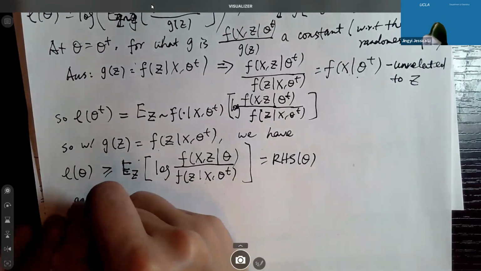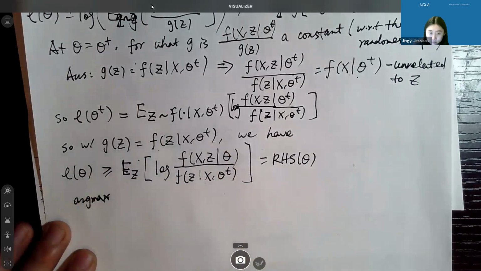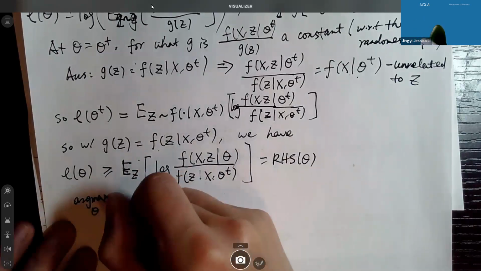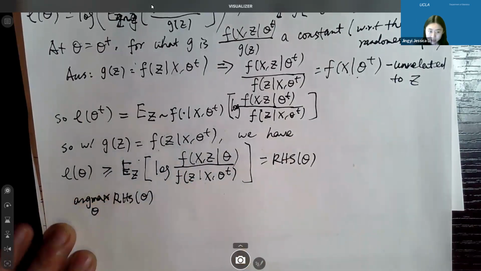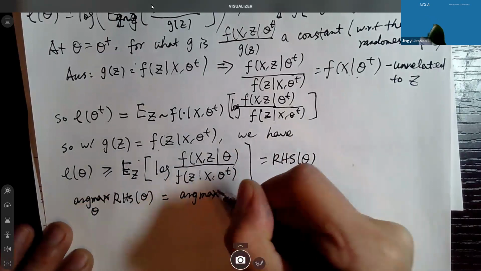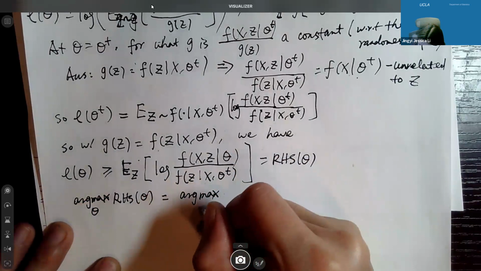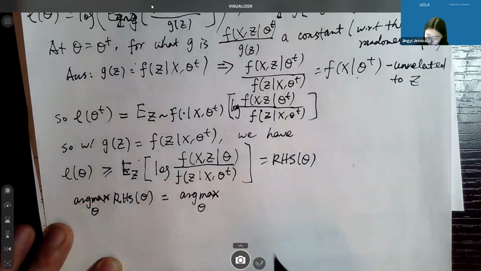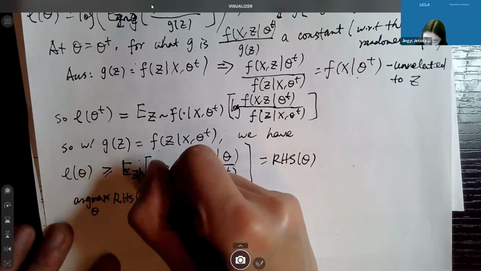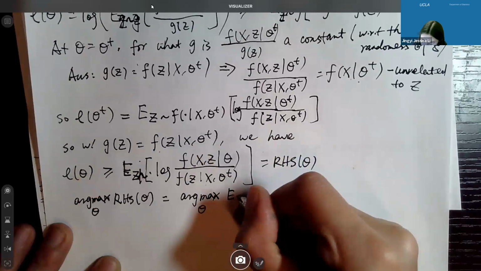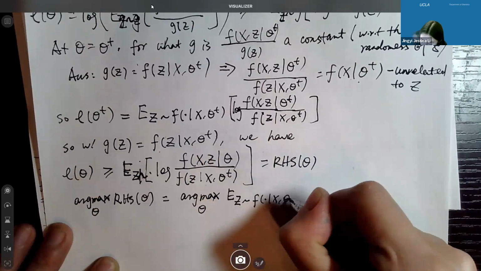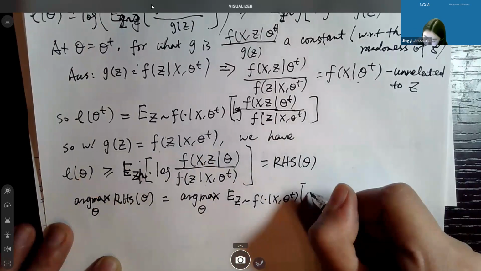So what I'm saying is that the argmax over theta of the right-hand side is equal to the argmax over theta of this conditional expectation, so the maximum expectation of z following f of z given x and theta t of the log of the numerator.